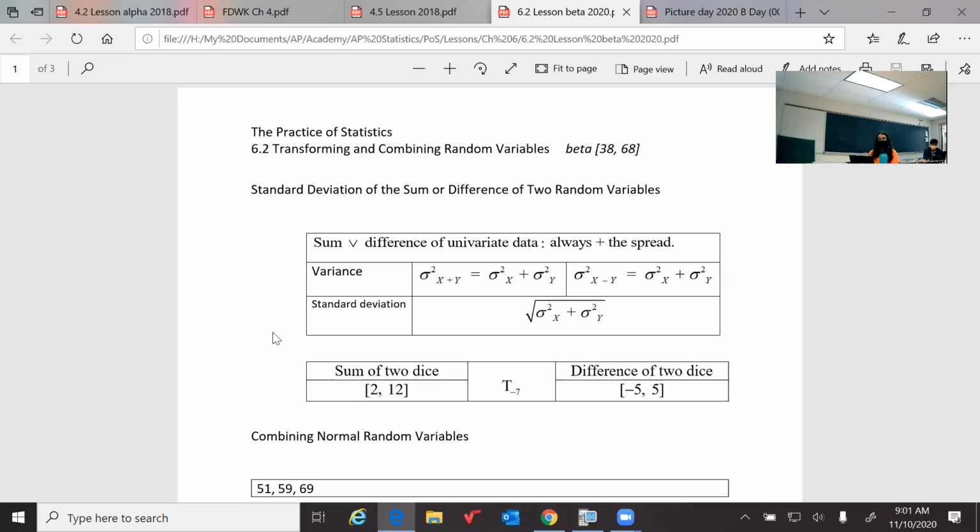Because there's 6 times where the dice would match up and their difference would be a 0. So that would be the expected outcome. But that's just a slide of 7 to the left. So it doesn't matter whether you add the distributions or subtract them, this is trying to emphasize this to you. You always add the spread.